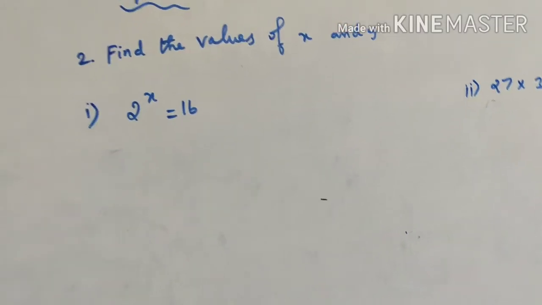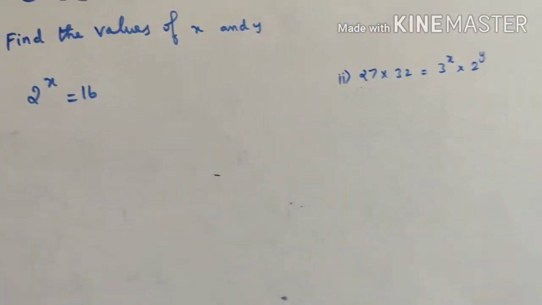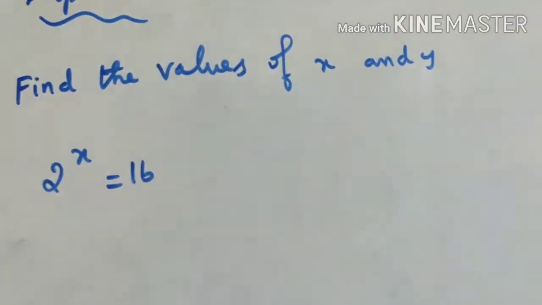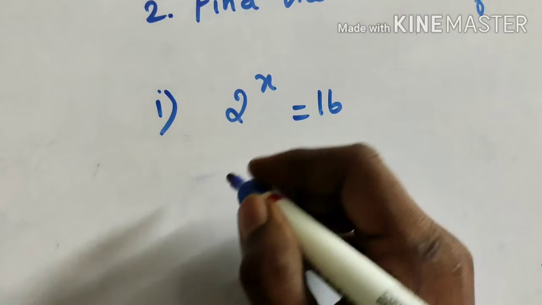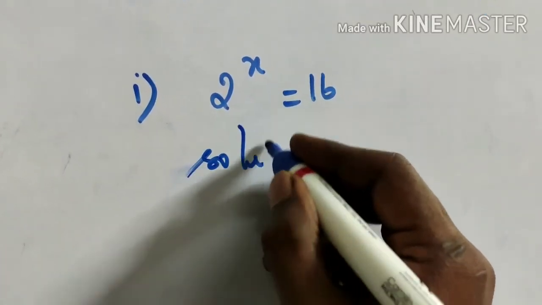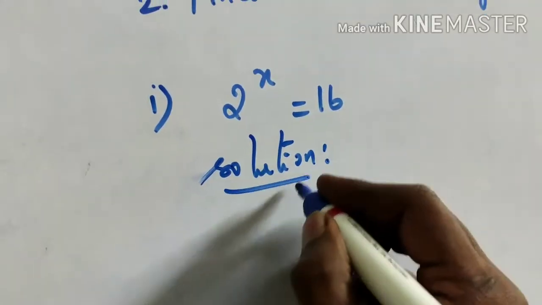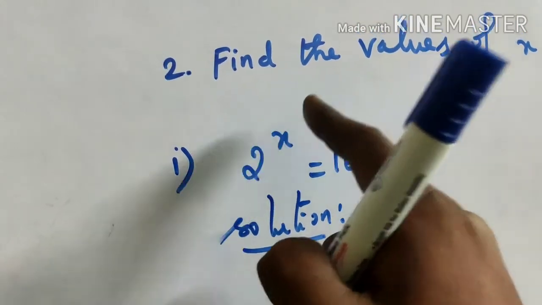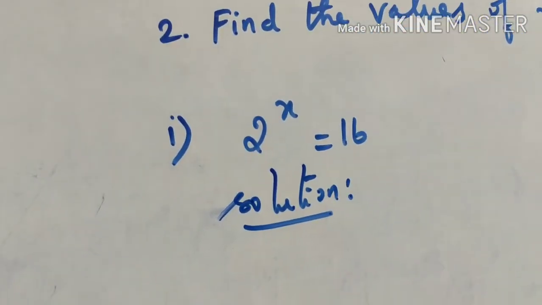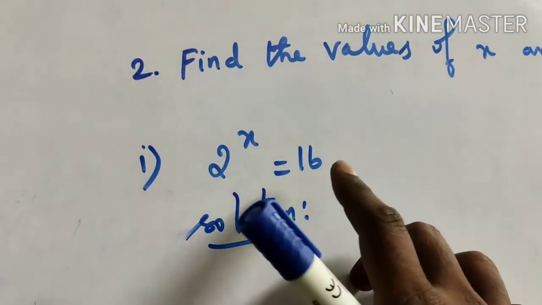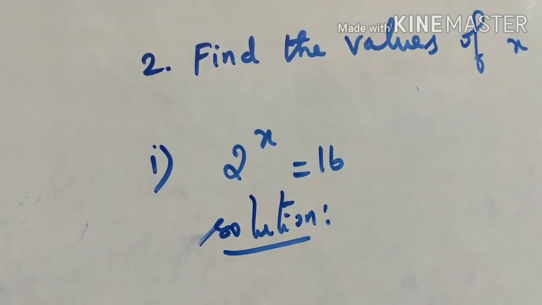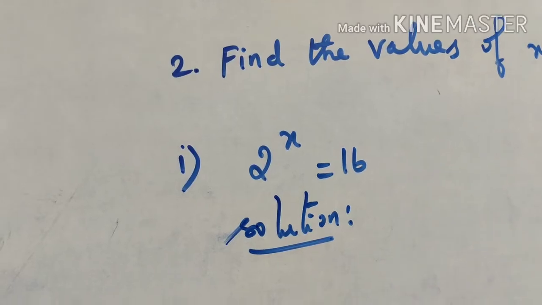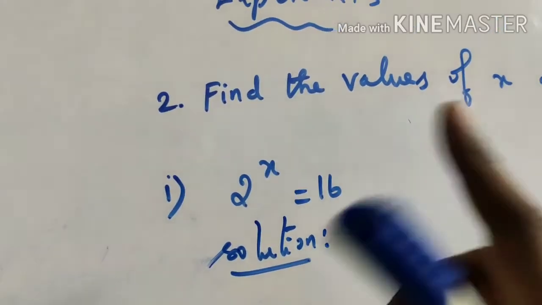Next, we are going to see how to find the values of x and y from the given exponential forms. Okay, see here, 2 to the power of x equal to 16. First we have to convert the 16 into an exponential form. Then we have to equate the powers.